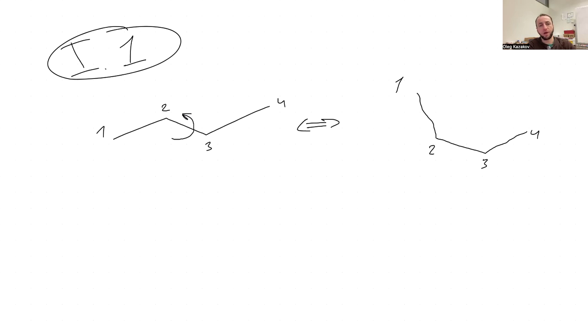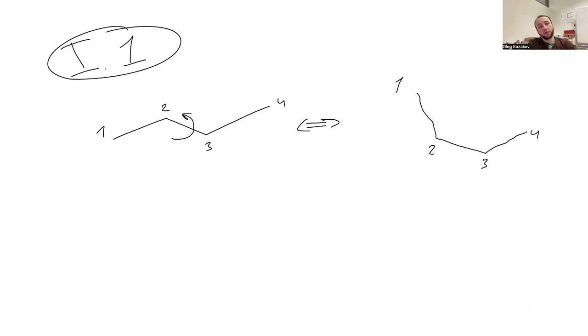So we kind of grabbed carbon number 1, and this is the thing that is going to move, and the rotation about the bond 2 to 3 happened. As a result of this rotation, carbon number 1 is now on the top.